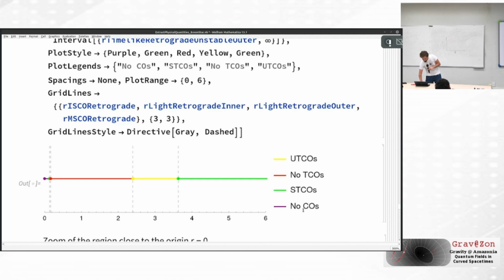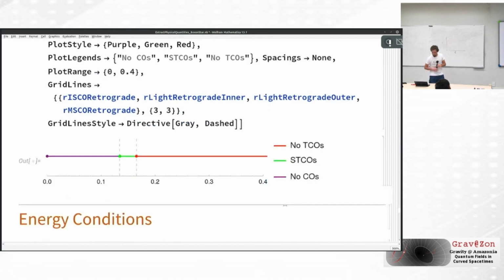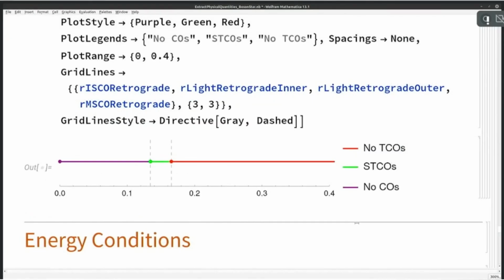If you look more closely at the center of the star, you see the region where you don't have time-like circular orbits, then the inner light ring, then a very small region of stability, and then again a region without circular orbits, where the angular frequency starts to be complex. So here, for example, we have two types of ISCO, let's say.